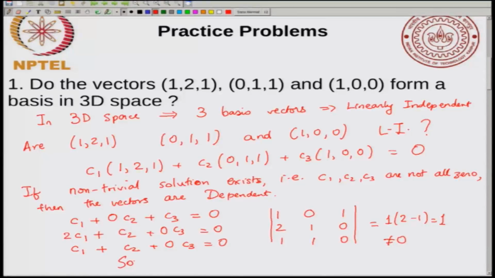Since this determinant is not equal to 0, that means the only solution that exists is for C1, C2, C3 to all be 0. So, that would mean the vectors are linearly independent, and they form a basis.